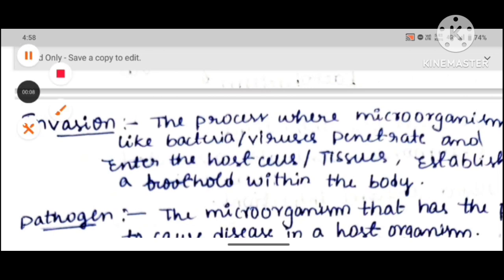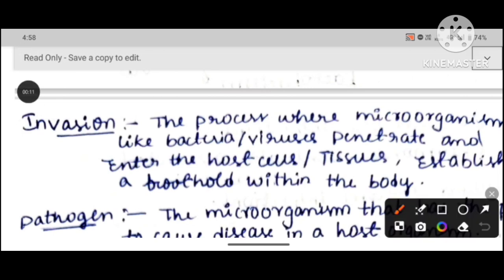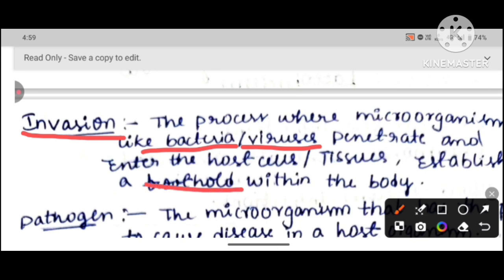So the very first definition which we need to understand is what is invasion. Invasion is the process where microorganisms like bacteria and viruses penetrate and enter the host cells or tissues and establish a foothold within the body.